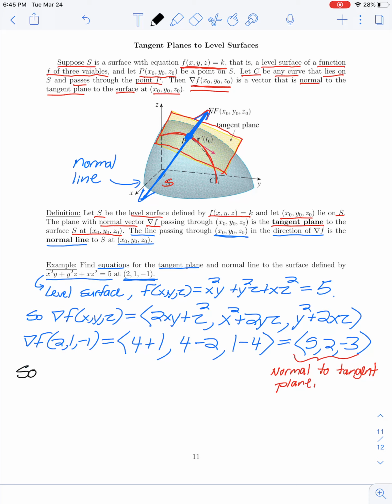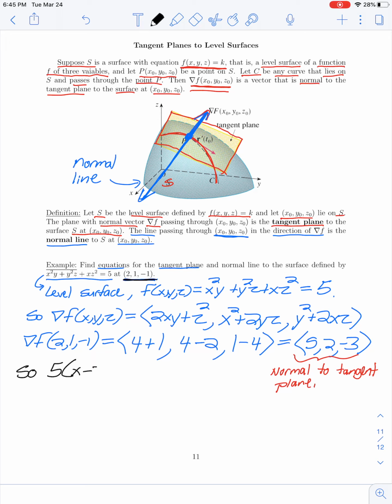So in order to find the equation of a plane passing through a given point with a given normal vector, we would make use of the theorem that we saw in one of our early, I believe, chapter 2, for the equation of a plane.